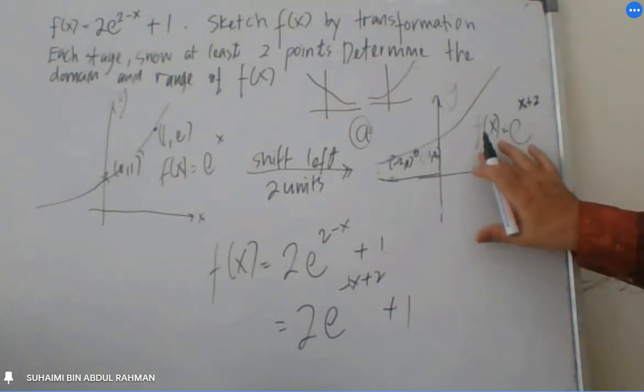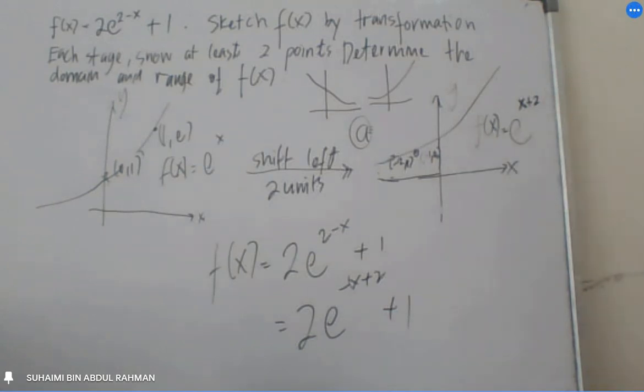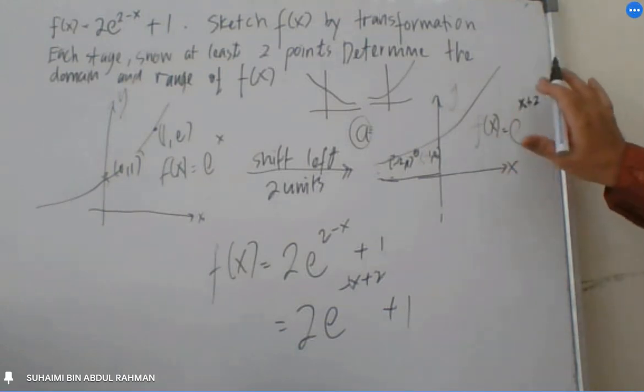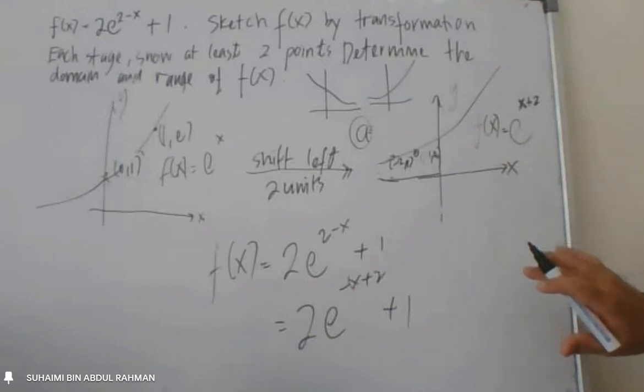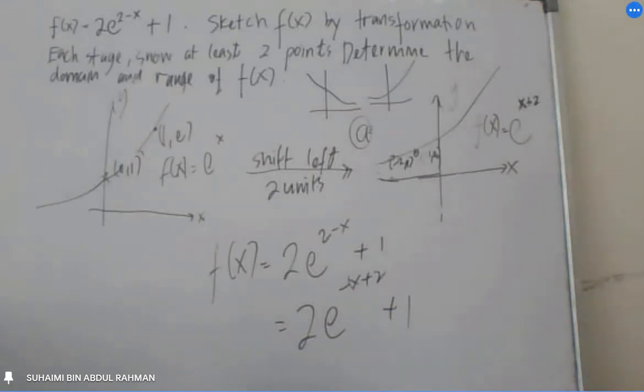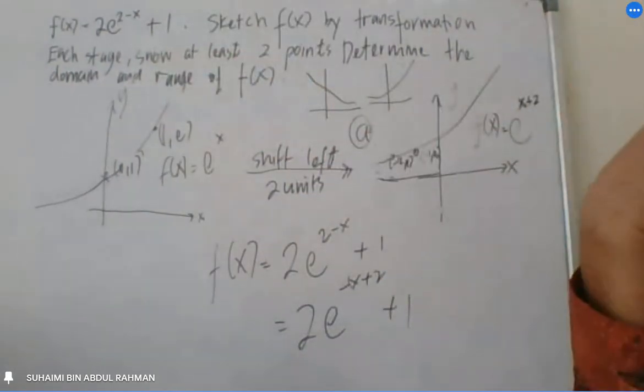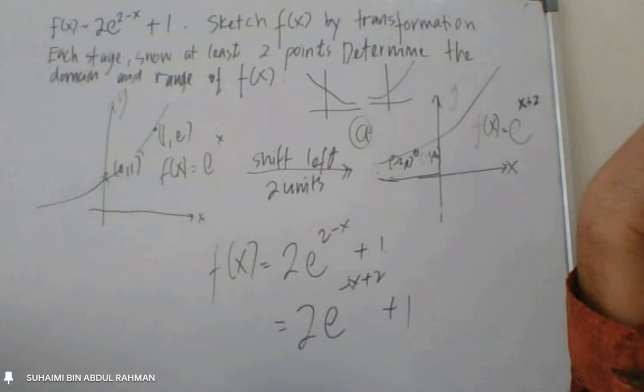Correct? Doesn't that mean it's supposed to be x minus 2? Why x minus 2? Is it 2 minus x? Yeah, because after we negative, we get 2 minus x, right?